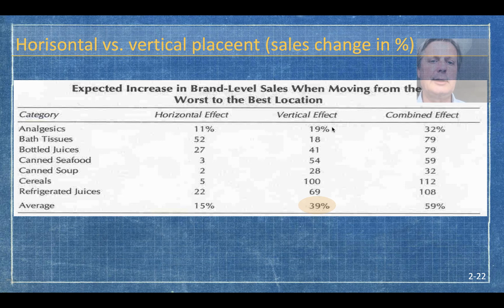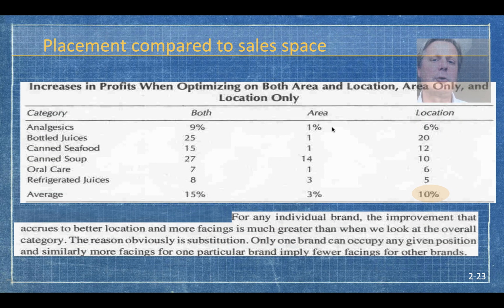Here you can see that the vertical effect is stronger than the horizontal effect, meaning that putting things at eye level is almost 3 times as effective as putting it in the horizontal plane.